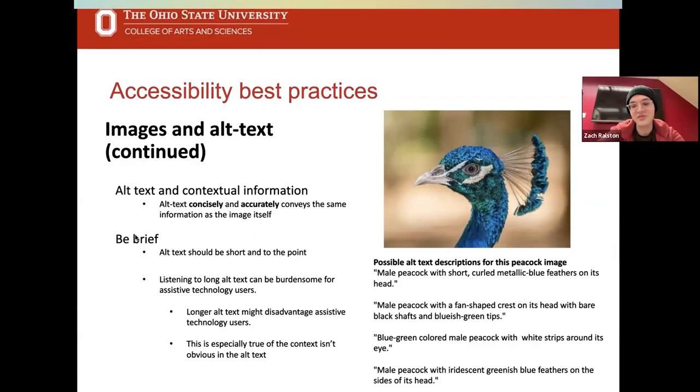Likewise, we can also use the alt text to describe it as a male peacock with a fan-shaped crest on its head with bare black shafts and bluish green tips. There's quite a few ways you can go about it, but usually this format is the go-to when it comes to writing alt text for images.